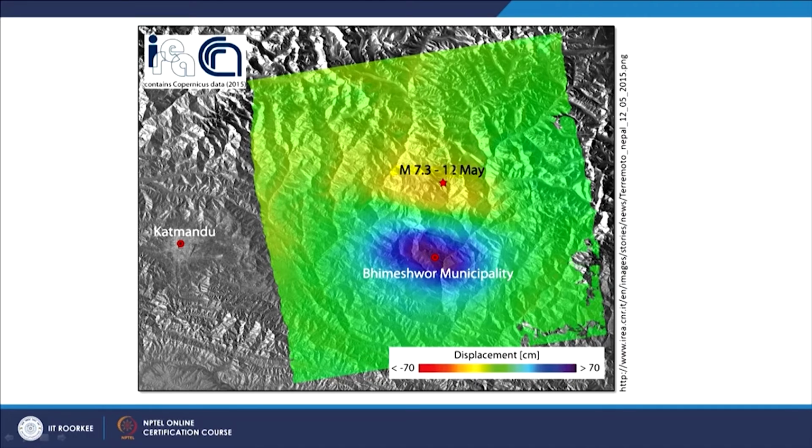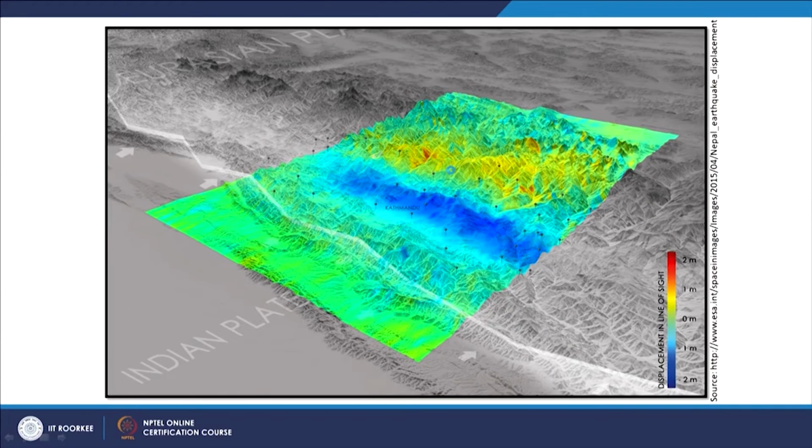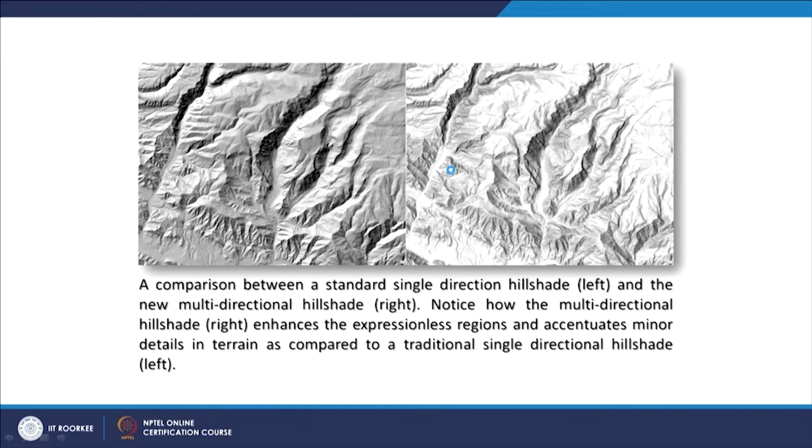So, instead of presenting your work in a simple way, if you can bring a shaded relief model in the background and put that layer on top, it is more interesting and convincing also. One more example of another earthquake, the Kathmandu one, was on 25th April, and again in the background you have a shaded relief model.